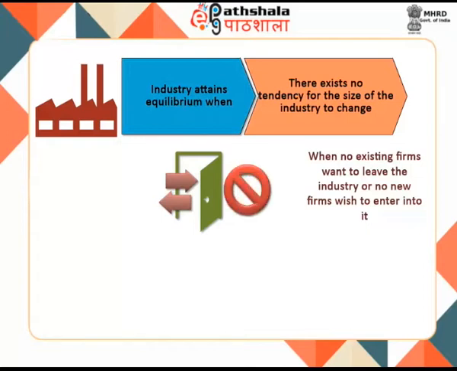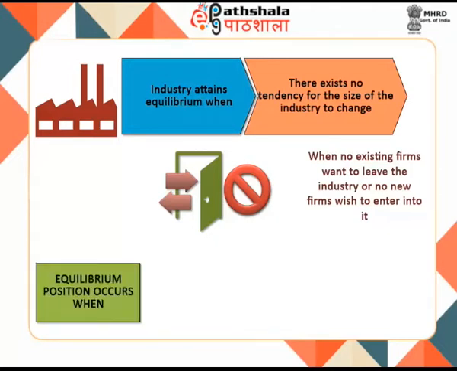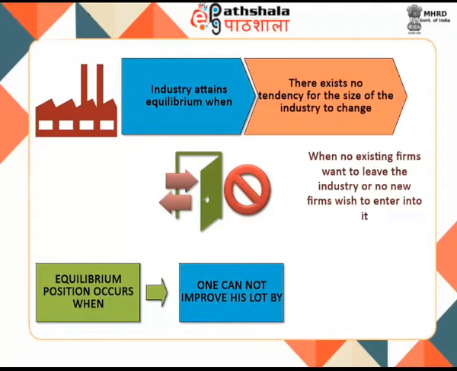All this discussion boils down to the fact that an equilibrium position is that where everyone in the whole system believes that one cannot improve his lot by altering his behavior.